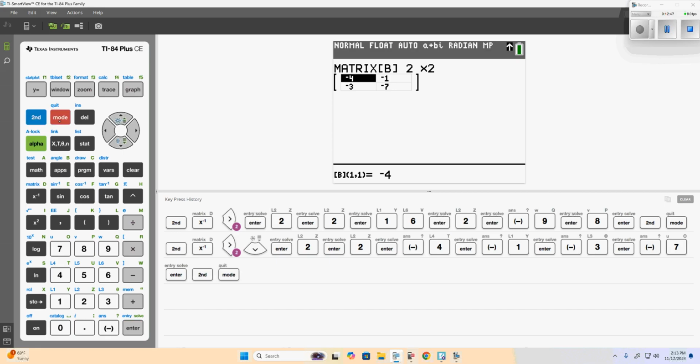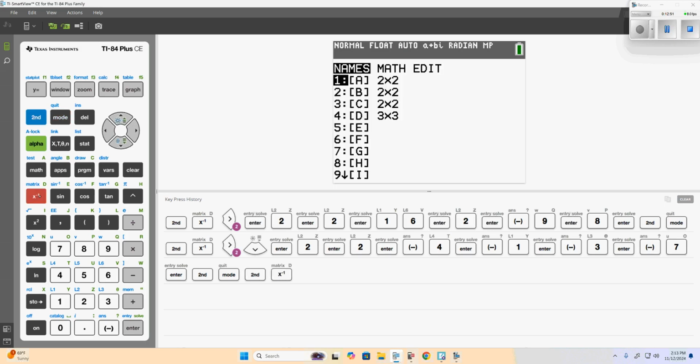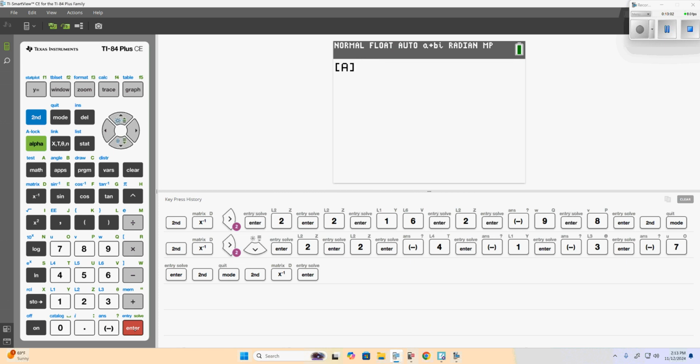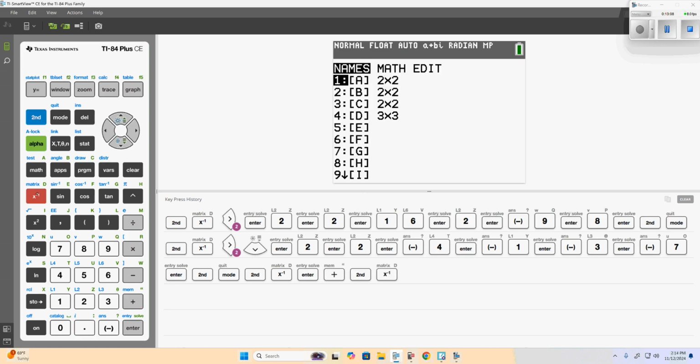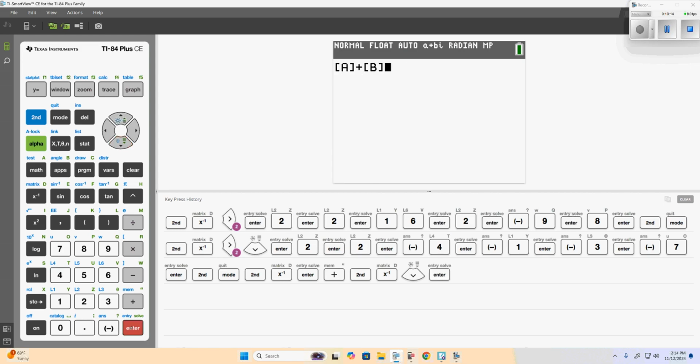Second quit. Now we need to recall the matrices. So when we recall the matrix, in second matrix again, everything in that first list is where we recall it. So the first thing it wanted was our matrix A. We can just hit enter. Plus, we're adding to it what? Matrix B. So we pull up second matrix, this time we go down to B. And we add to it what?